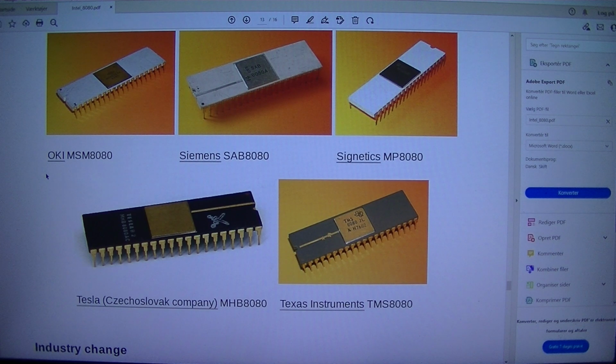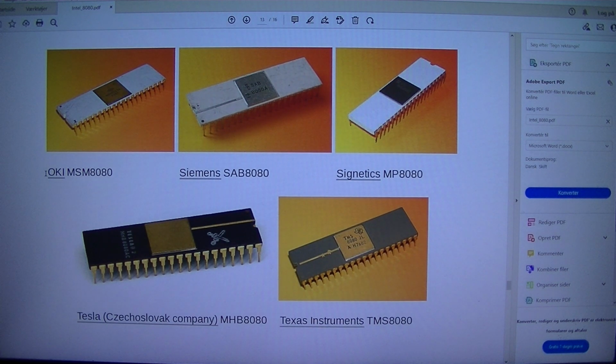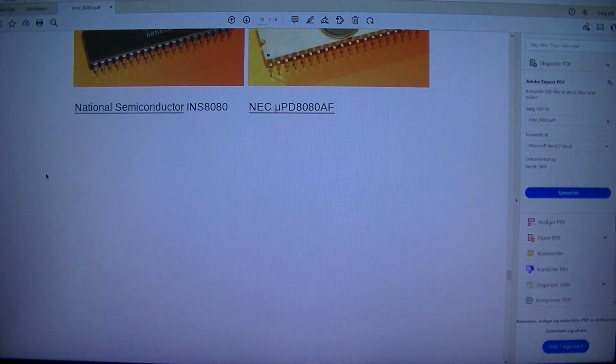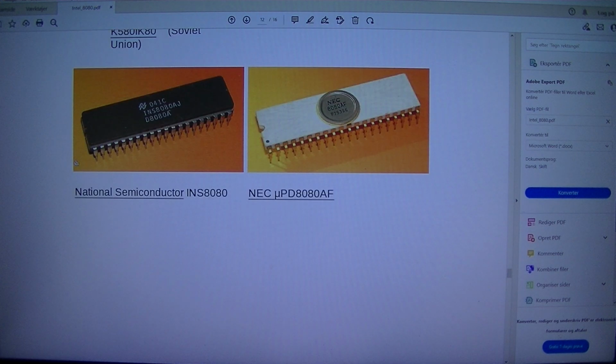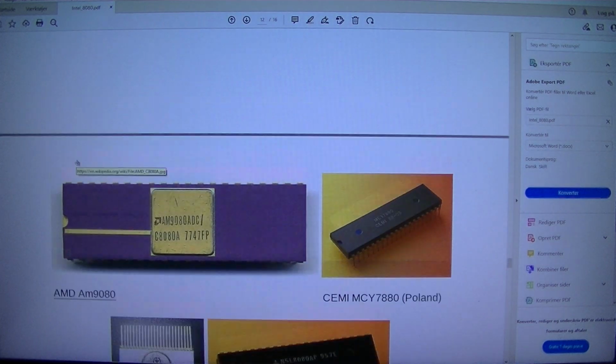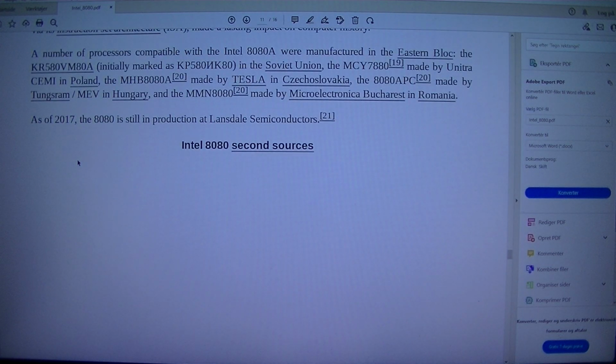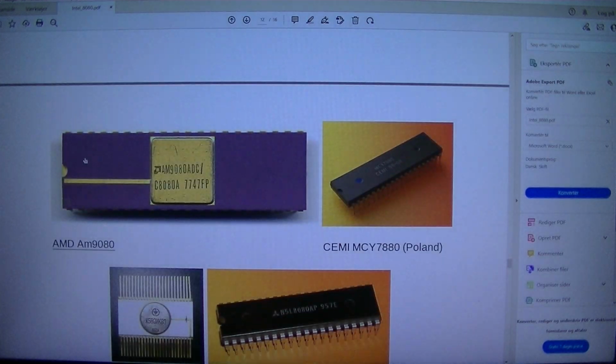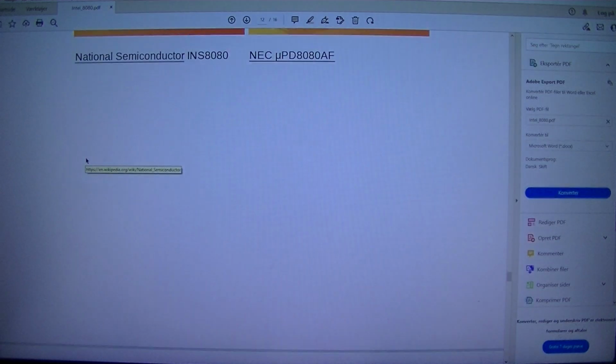Yes, I need to find this National Semiconductor, because this is still in production. This is still in production by Lansdale Semiconductors. Okay, that's not the same. Probably I messed up again.